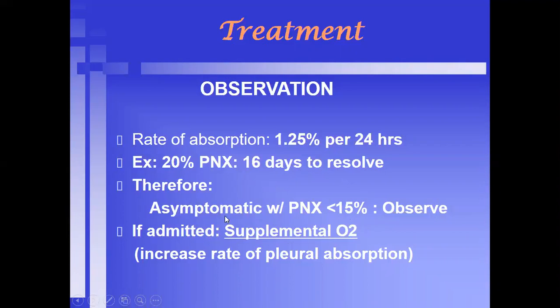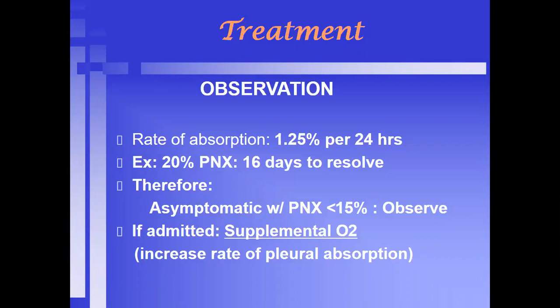Your oxygen increases the rate of pleural reabsorption. This is because the air that we usually breathe is mainly composed of nitrogen. Oxygen is only 21% of air. Therefore, the air in your pneumothorax is mainly nitrogen.